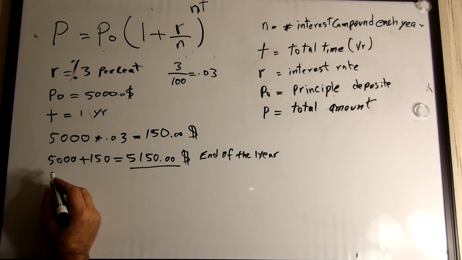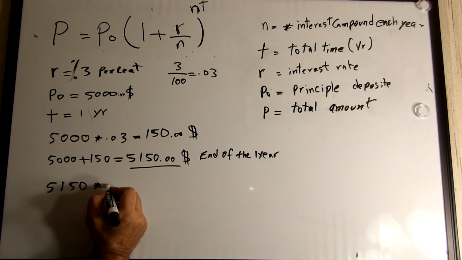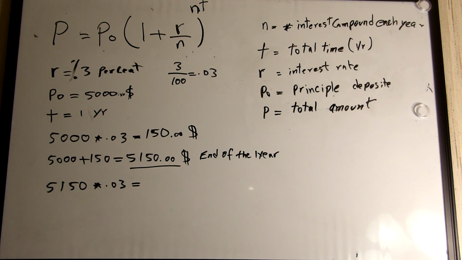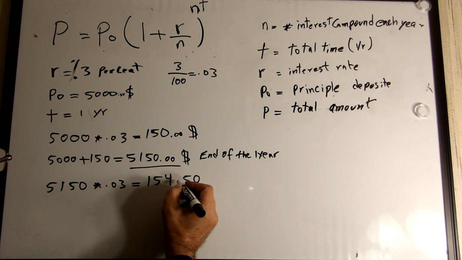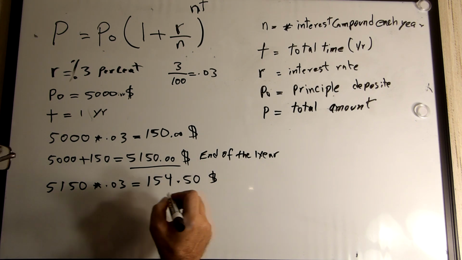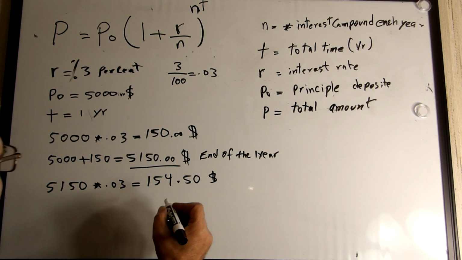See, the interest of that money, we multiply by 0.03, and it's going to be 154 and 50 cents.